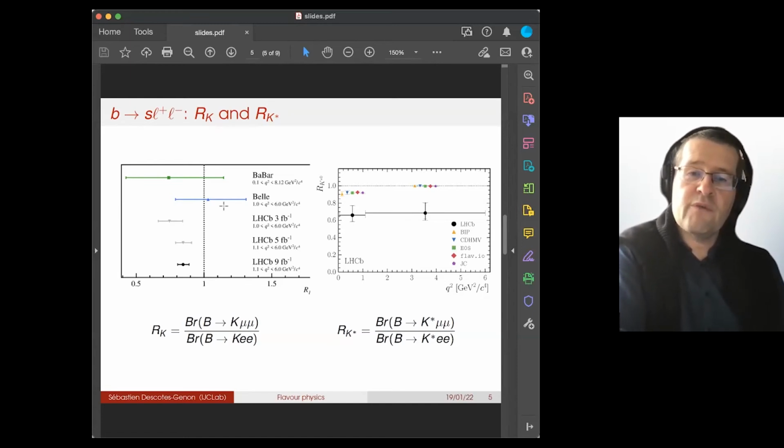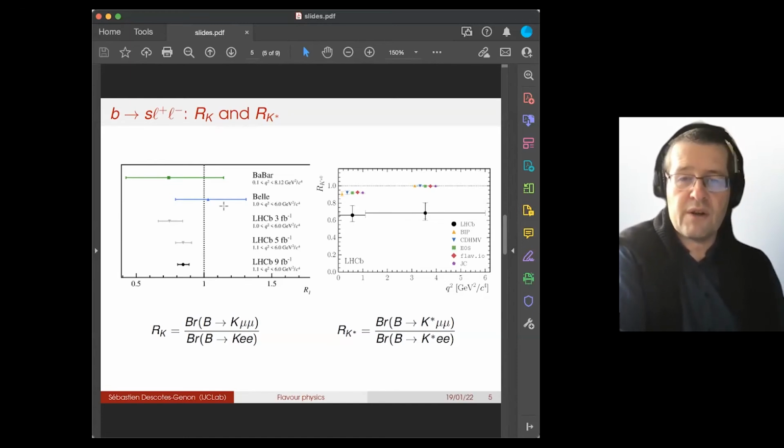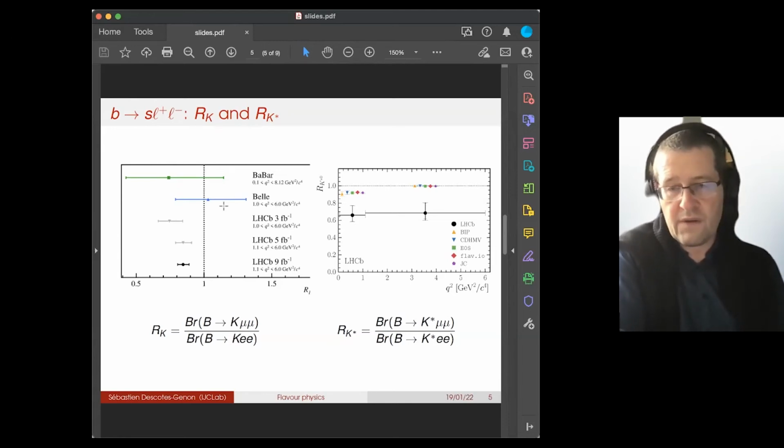And the measurements from the LHCb collaboration have shown that the values observed are quite small compared to this. There have been complementary measurements in isospin related modes that confirm with a lower accuracy the same trend of having a deviation from the expectations from lepton flavor universality.